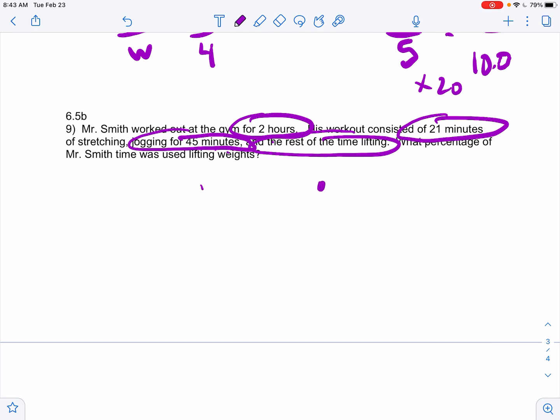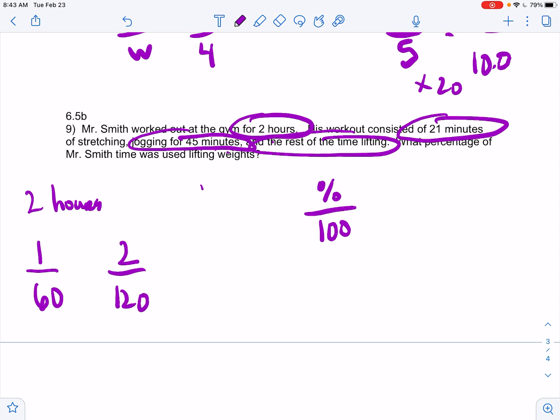So we know that percent is out of 100. We have 2 hours, which we need to convert into minutes. So 1 hour is 60 minutes, so 2 hours will be 120 minutes. So that's our total, right? 120 minutes.